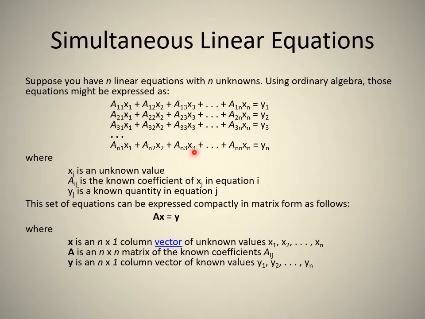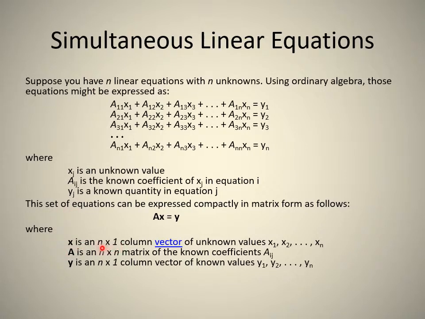That would be the order or rank of A, multiplied by a column vector of our unknowns, x1 to xn, equals a column vector of our right-hand side, or the known quantities in the equation. So basically this is just a rewrite in matrix notation of exactly the linear equations at the top of this slide.